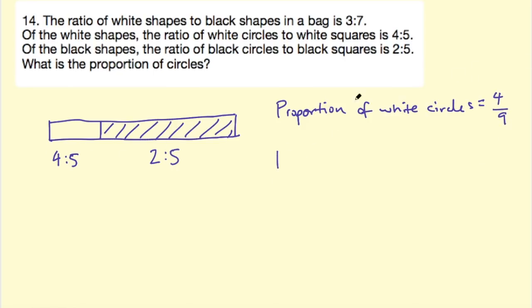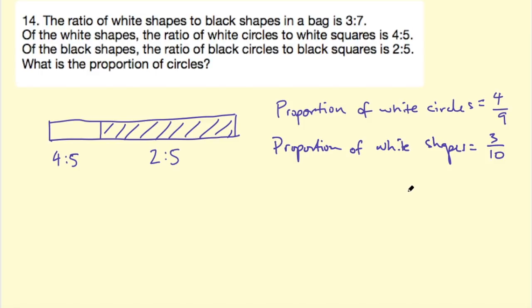Now I know that the proportion of white shapes in total in the bag is 3/10. Okay, let's just write that out. So proportion of white shapes equals 3/10.